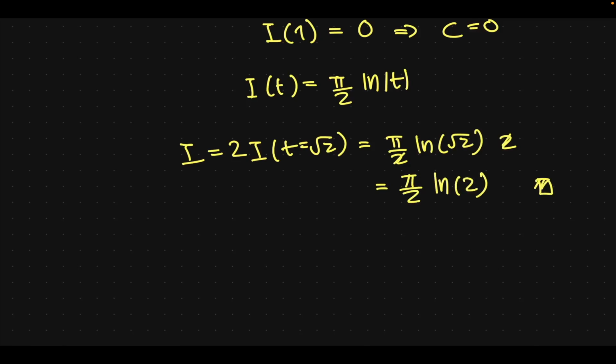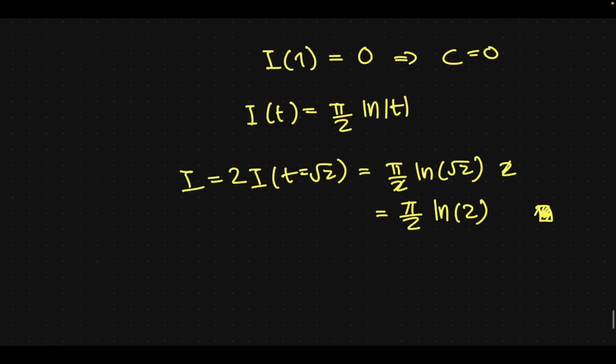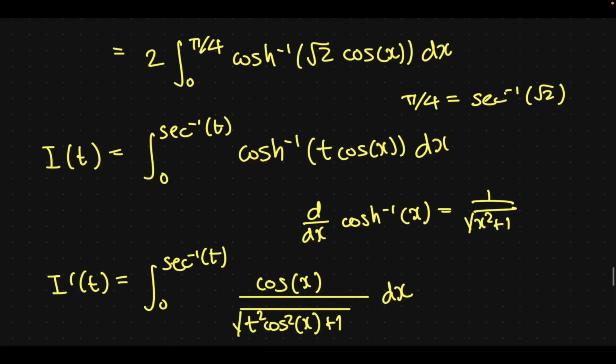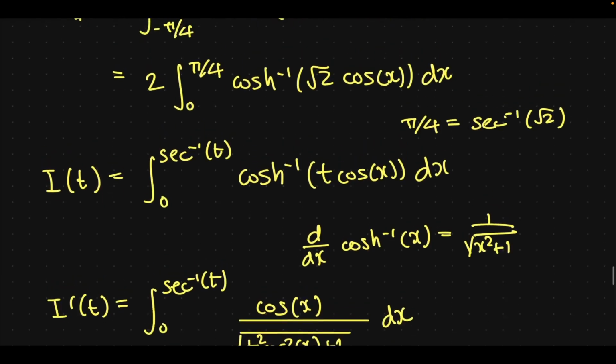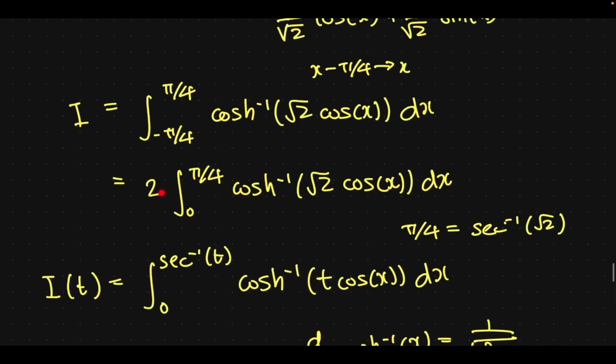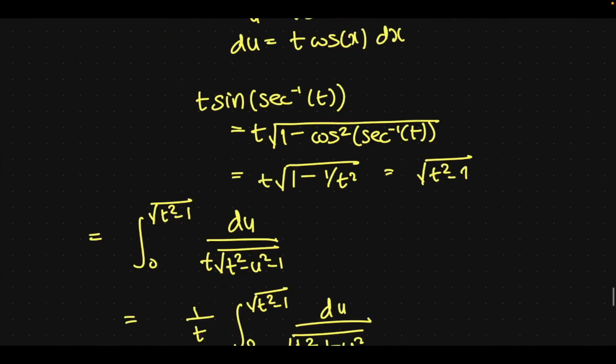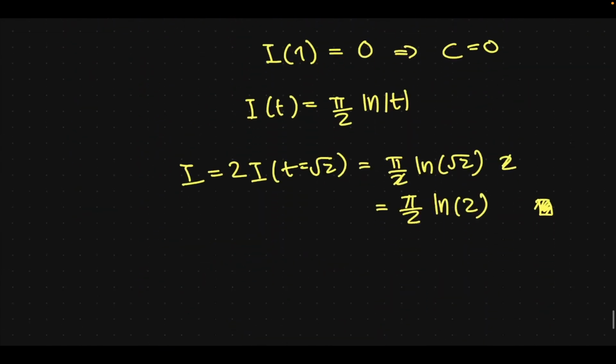That's how we solve this problem. Apologize, I didn't notice we had a 2 in the beginning from the symmetry of the arc cosh function. And then we just work with the parameter, and then we introduce a 2 because I of t at square root 2 is multiplied by the 2. So that's where the 2 comes from, guys.